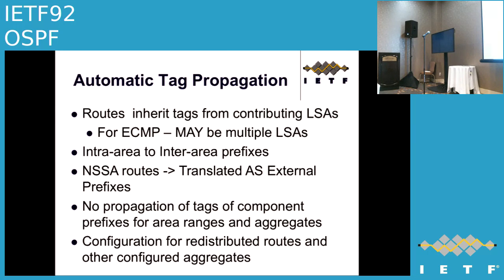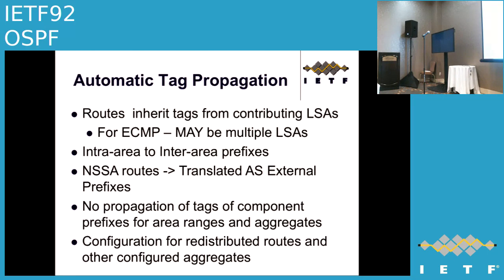There's a case in the NSSA draft that I think was a mistake, where they special case this, but I'm not going to say anything about that. It's the case where if you have a range and you have a route that matches the range exactly, it allows the route to not be a contributor to the range, but to be advertised instead of the range.